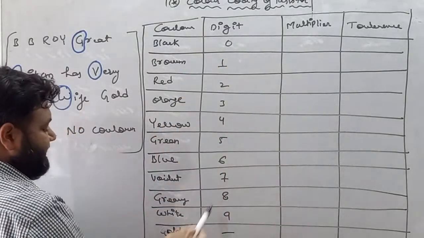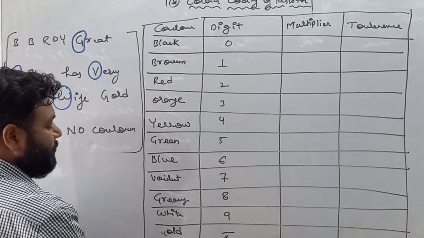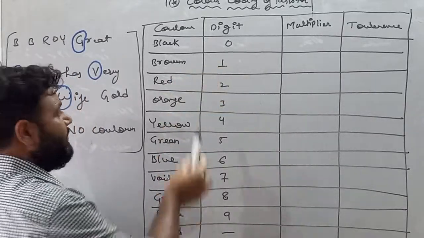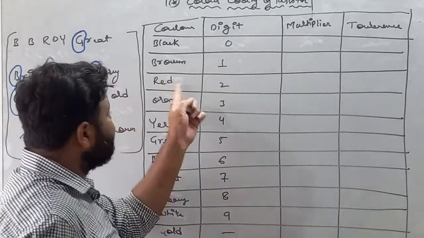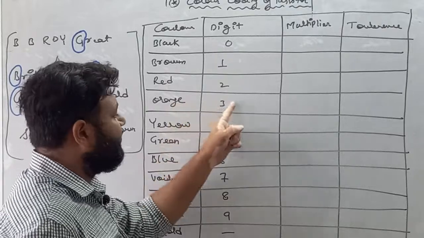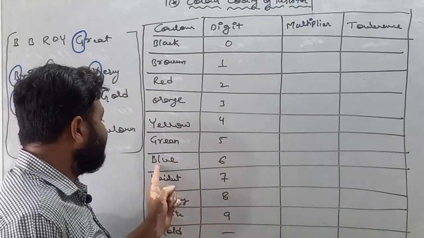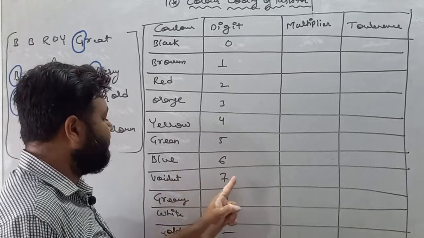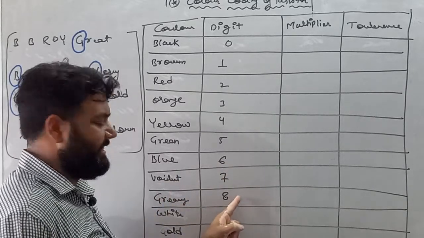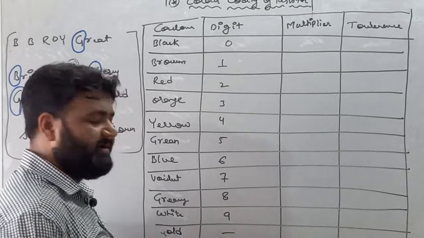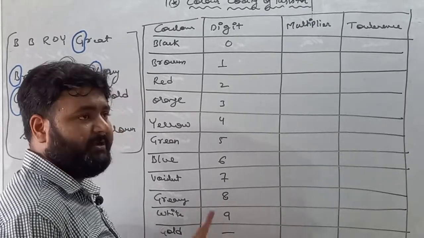So the digit is from black to white. The digit of black is 0, brown is 1, red is 2, orange 3, yellow 4, green 5, blue 6, violet 7, grey 8, white 9, gold no digit, silver no digit, no color no digit.